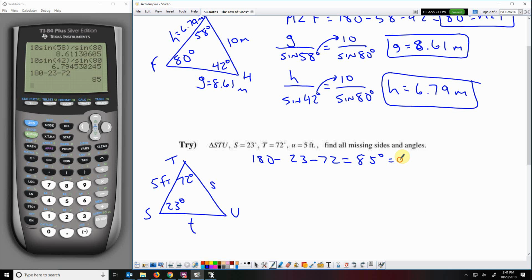The measure of angle U. Okay, then I want S and T, so S over sine 23 equals 5 over sine 85.